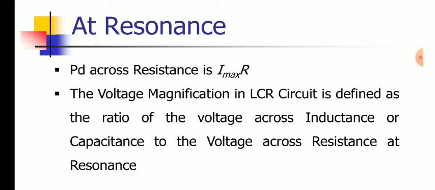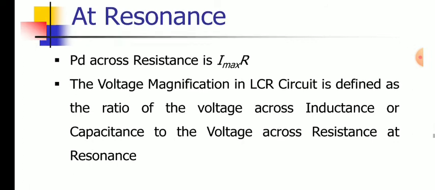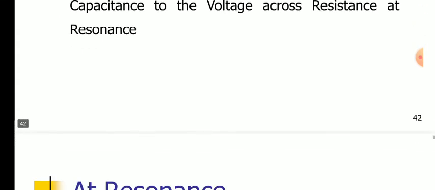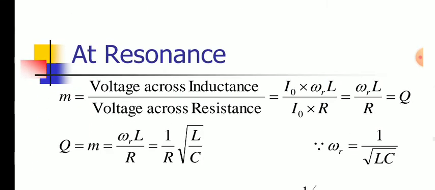The potential difference across the resistance is equal to I max into R. The voltage magnification in an LCR circuit is defined as the ratio of voltage across the inductance or capacitance to the voltage across the resistance at resonance.